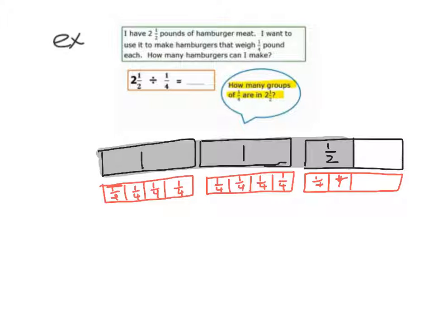Now I just need to count how many pieces I have: 1, 2, 3, 4, 5, 6, 7, 8, 9, and 10. So how many groups of 1/4 are in 2.5? There are 10 groups of 1/4. You'll notice that when you divide by a fraction, it actually gives you a larger number, which is kind of backwards. But you have to think how many groups of that small fraction are in your whole number. Make sure you draw that. That's the important part today.